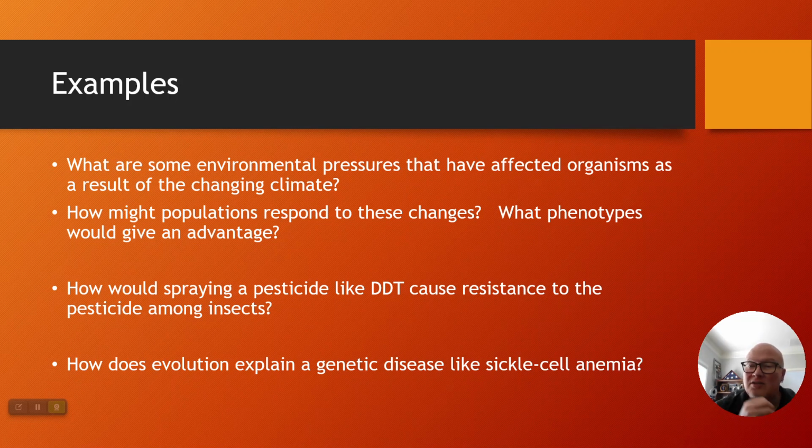Well, if somebody has one gene for the sickle cell and one normal gene, those individuals actually have an advantage in equatorial regions because of the slightly changed shape of the certain blood cells, that gives them a resistance to the disease malaria. But if you have two copies of the sickle cell gene, that gives you sickle cell anemia, which is a real serious problem with the individuals who have that.